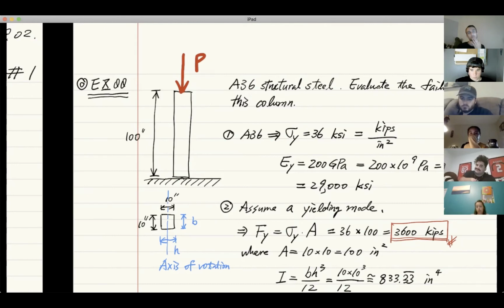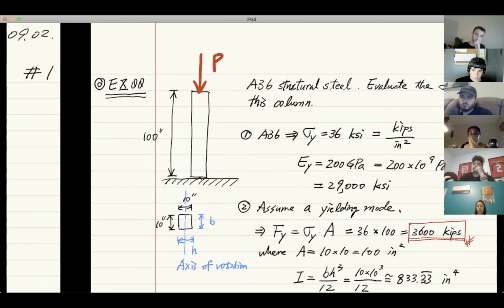Because if the column is so slender, there's a tendency that the column could actually bend. So that possibility is another failure mode, and that failure mode is associated with the geometric change, which means it is possible that this column could actually bend like this.